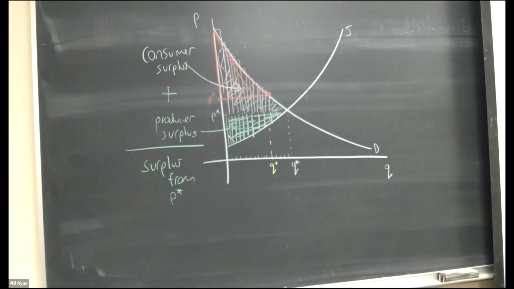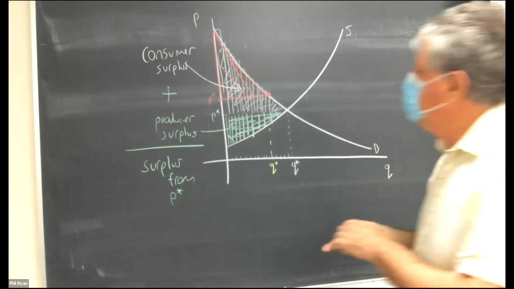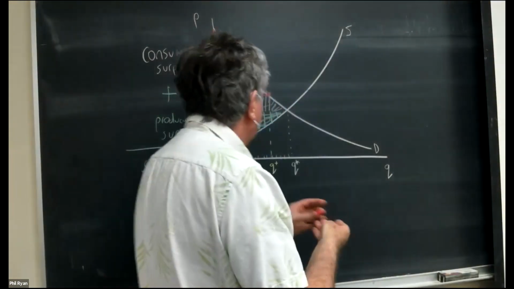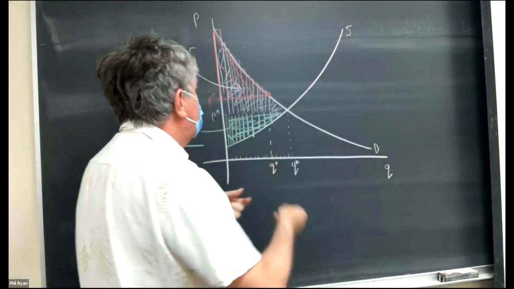Okay. And so if I gave you this as a problem with graphs and it's got squares, you could count up the squares and you could actually figure out how much that consumer surplus is. So have you done these kind of problems? Yeah, okay, good. What happens to the producer surplus? Well, it actually goes up, right?